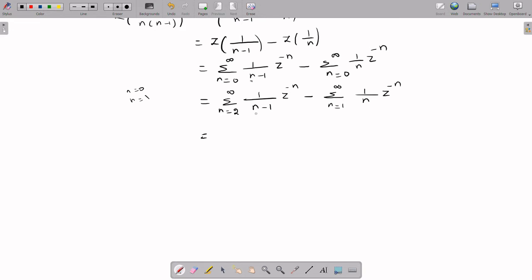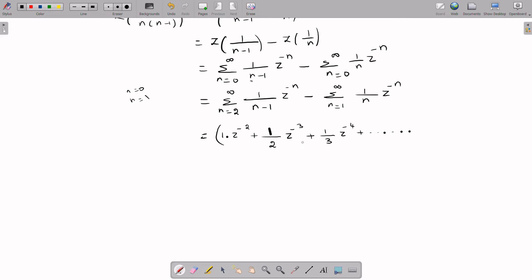When you substitute n equal to 2, 1 by (2 minus 1) is 1, into z power minus 2, plus n equal to 3 is substituted: 1 by (3 minus 1) is 2, into z power minus 3, plus n equal to 4 is substituted: 1 by (4 minus 1) is 3, into z power minus 4, plus etc.